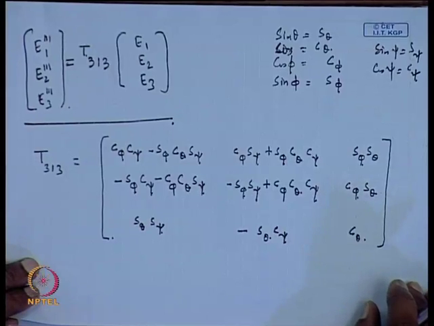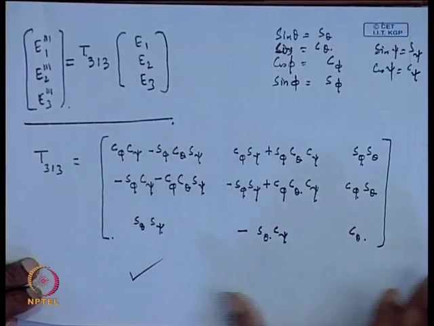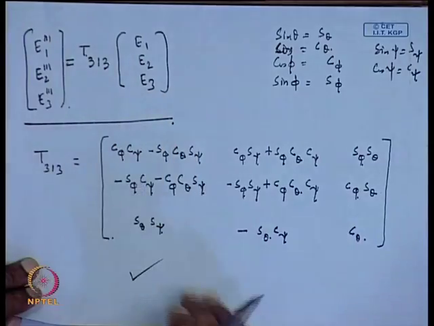Okay, so this is the transformation matrix which will transform from here to here.